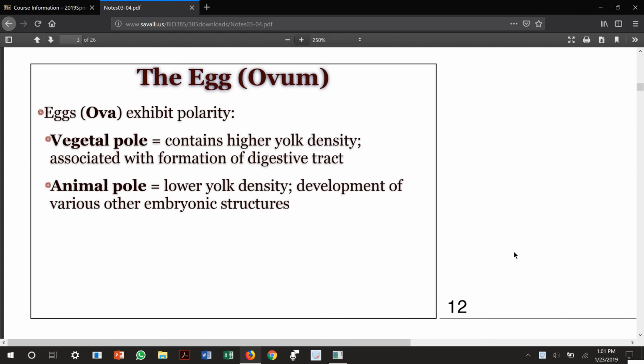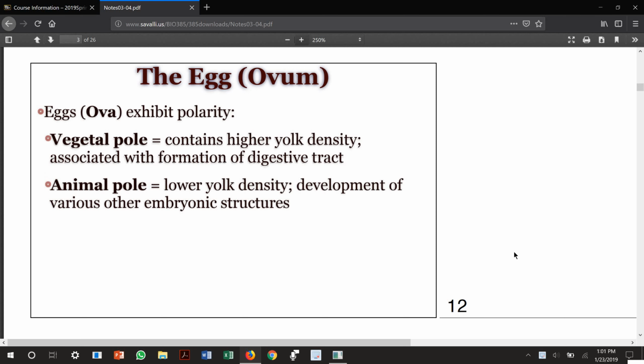So when we start with the egg, one thing that's important to keep in mind about eggs, the technical term being ova, ovum singular, ova plural, is that eggs are not a perfectly uniform cell, but they actually have an orientation. That is, they have 2 ends. So one end is called the vegetal pole, not vegetable, but vegetal pole.